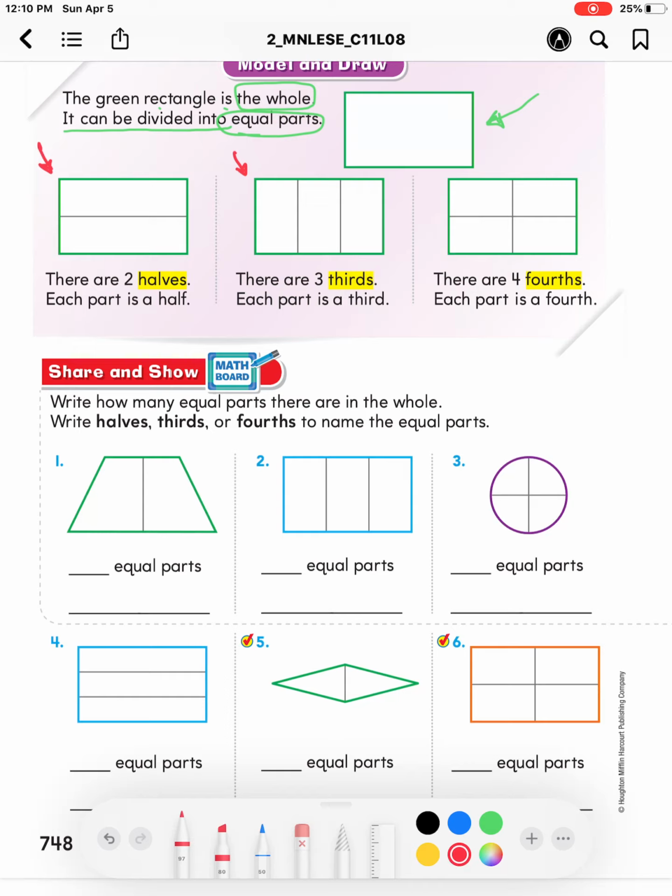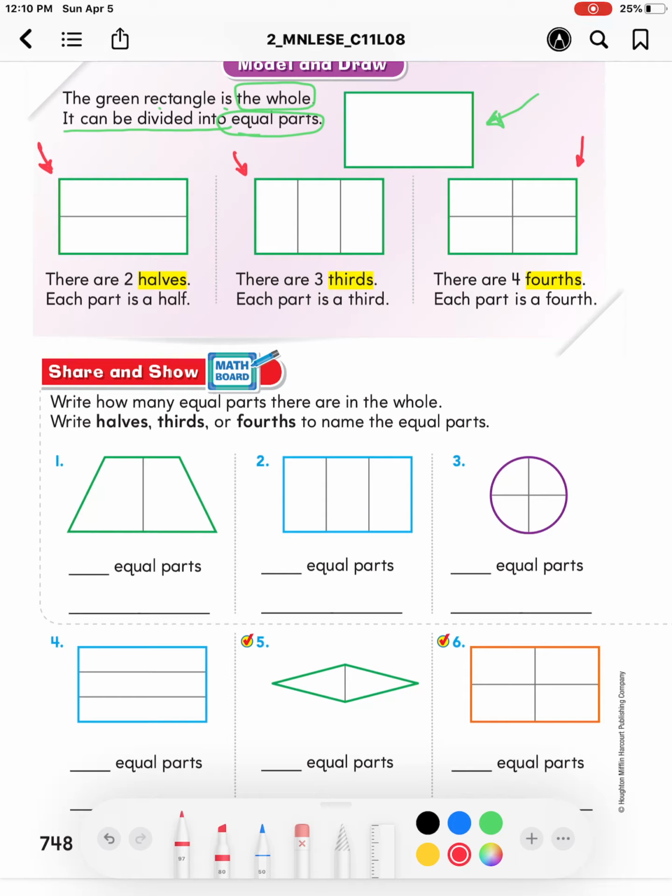Now let's move to the last shape here. A rectangle is divided into how many parts? 4 parts. Excellent. And each part we call a fourth. So here we have how many fourths? 4/4. Excellent. So that means what?